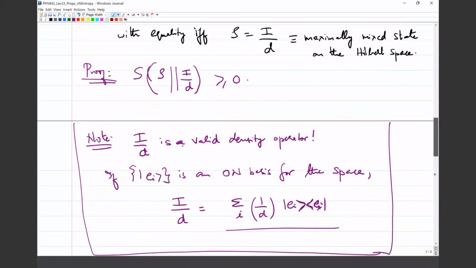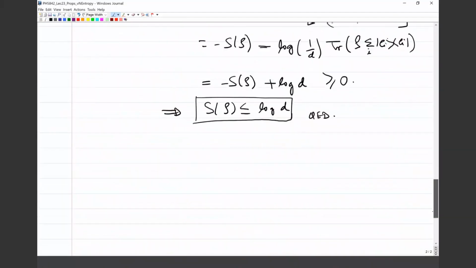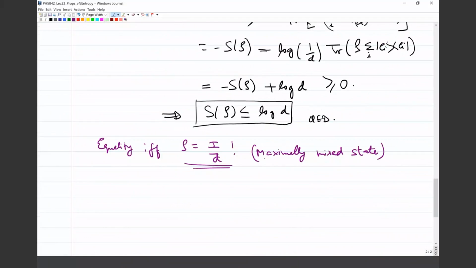That simply follows from Klein's theorem itself that we proved yesterday. So equality holds if and only if rho is exactly equal to I by d, and that is the maximally mixed state. So we have shown both limits of the Shannon entropy: the lower bound is 0, the upper bound is log of the dimension of the space itself.